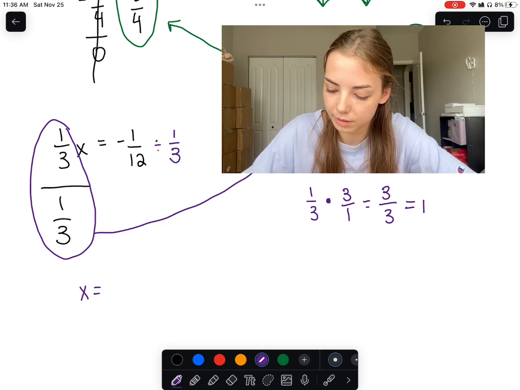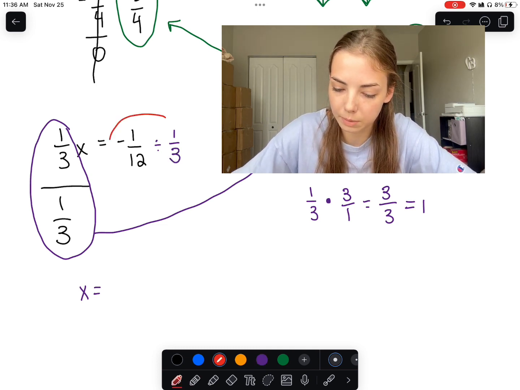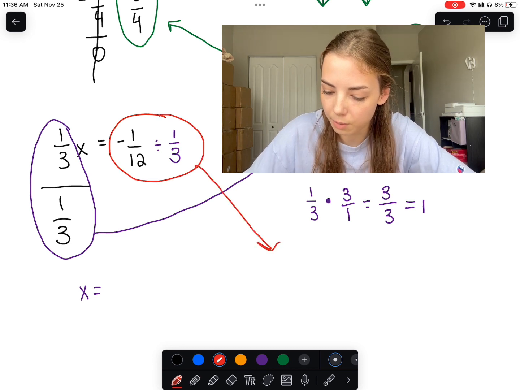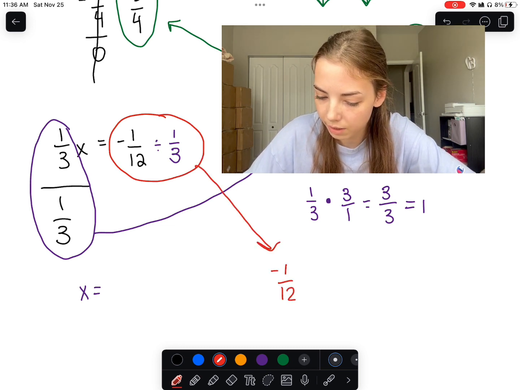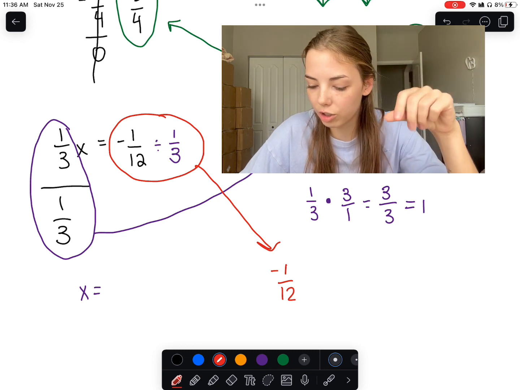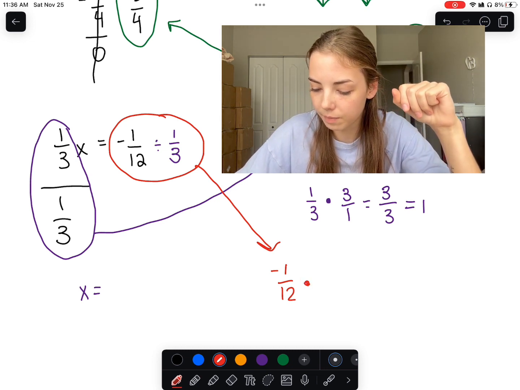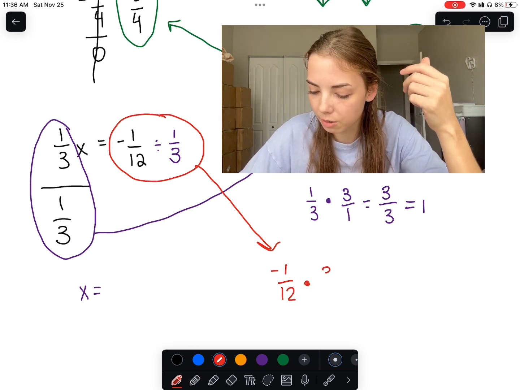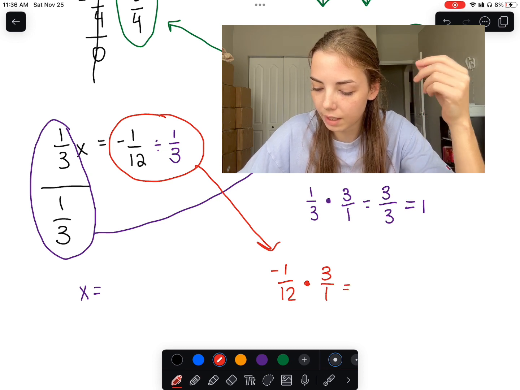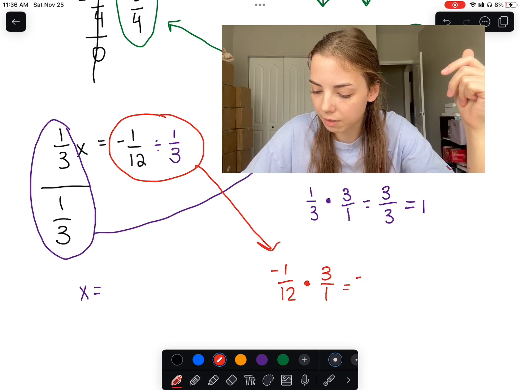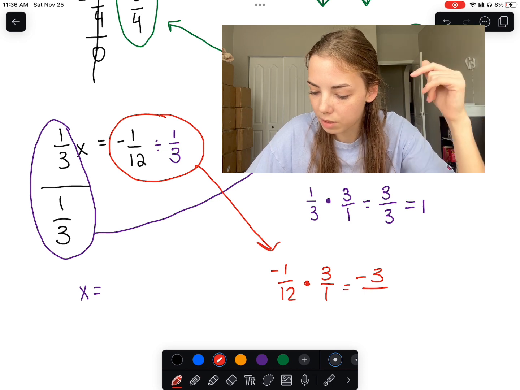So do another little side bubble. We have -1/12. We're going to change the division sign to multiplication, and then flip our fraction to 3 over 1 again. Negative 1 times 3 is negative 3. 12 times 1 is 12.